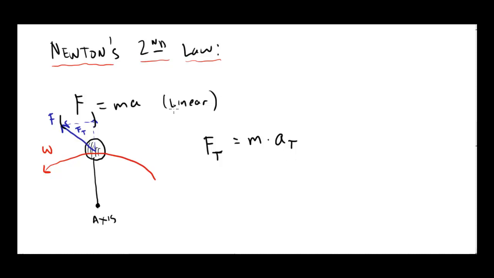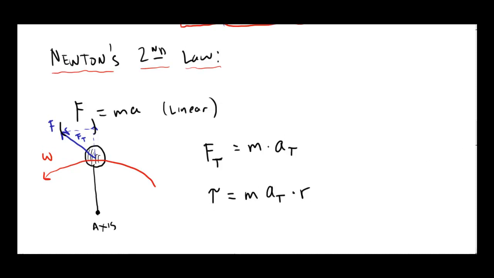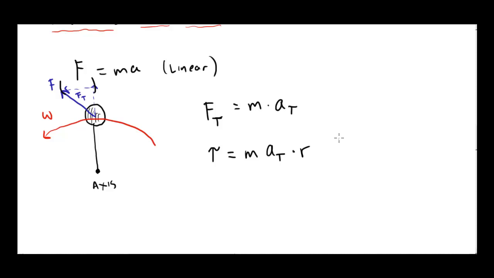But I'd like to think about how we could turn this into a torque. So I could then say that torque equals m times a_t times r, right? But I also know that a_t equals alpha r.